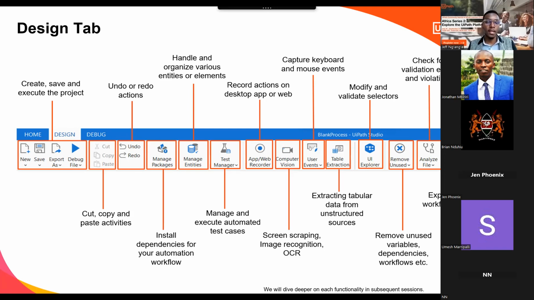I'm sure we are also familiar with what these actions do. So let's say you dragged and dropped an activity. Let's say you've created a new variable or something, or you've just done something while developing your process. And let's say you didn't intend to do them. You can easily undo or redo your actions while developing on UiPath Studio.